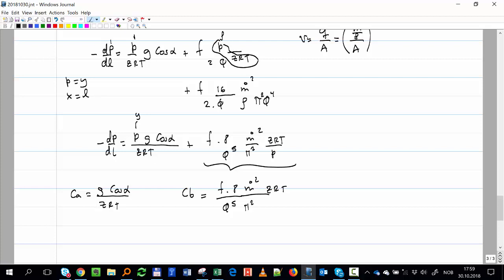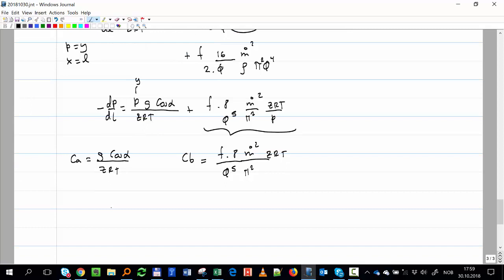Now I end up with the following differential equation: CA times P plus CB divided by P.